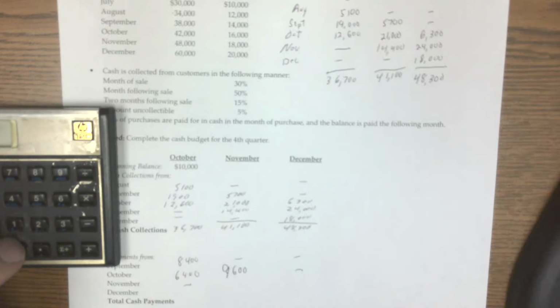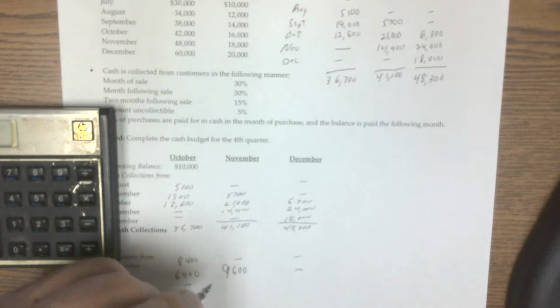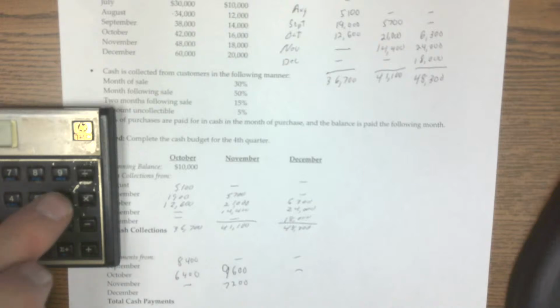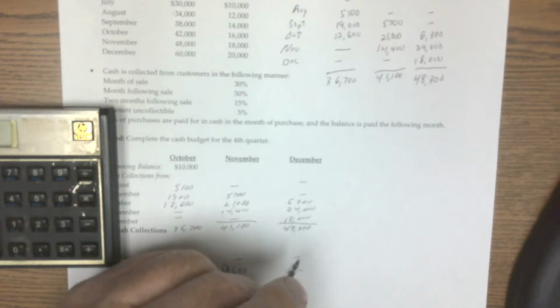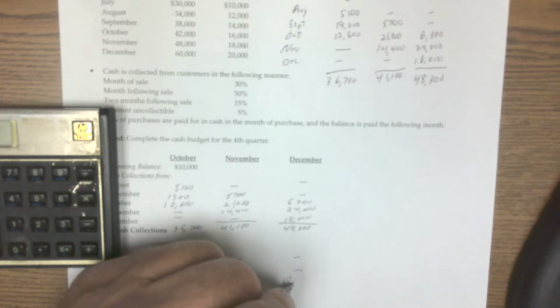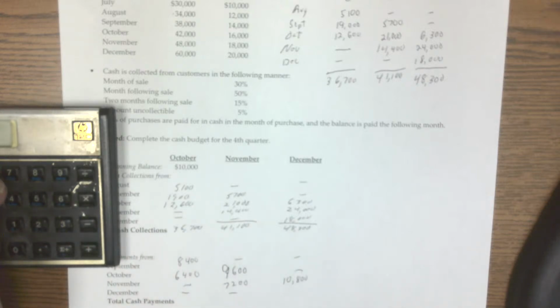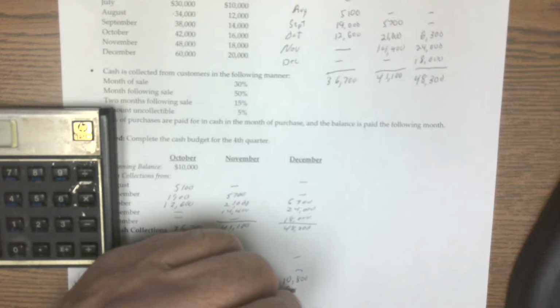November is 18,000, 7,200. And 10,800, and then December would be 20,000. 40% of that is 8,000.